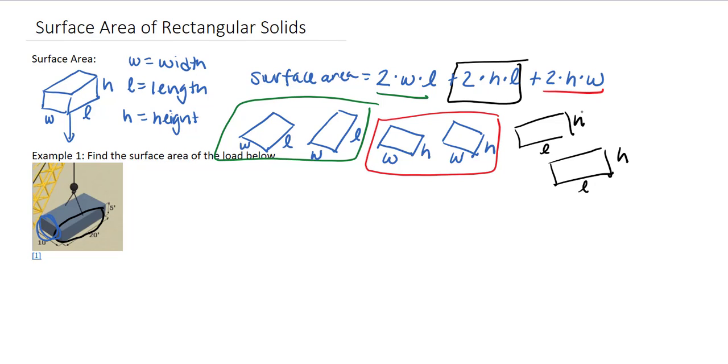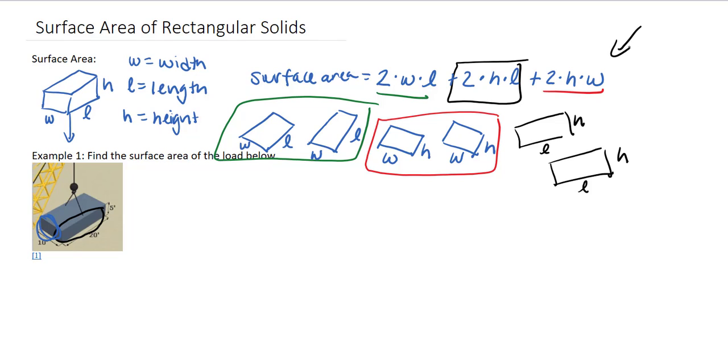What we could have done is take out all the sides, do the area of each one, then add it all together to get the surface area of this whole box or rectangular solid. But this formula is just a little bit more straightforward.